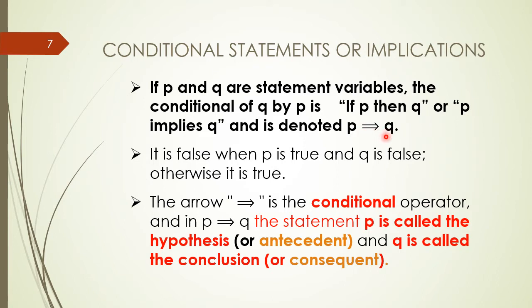As I mentioned earlier, it has two parts. The if part is also known as the hypothesis part or antecedent part, and the then part is also known as the conclusion part or consequent part. We have already discussed that conditional statements can be considered as a promise, so its truth value can only be false when P is true and Q is false.